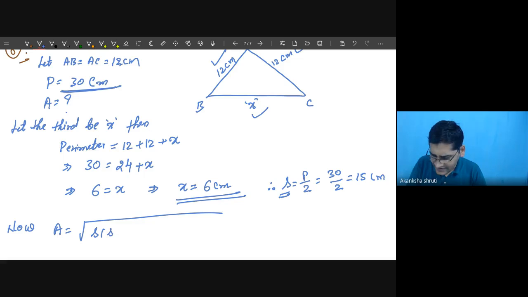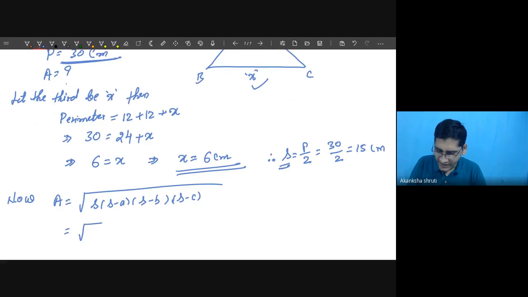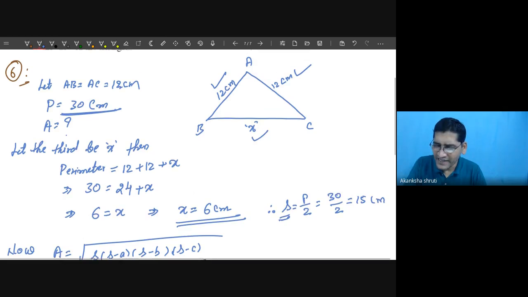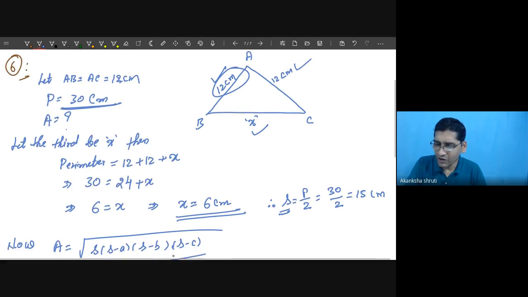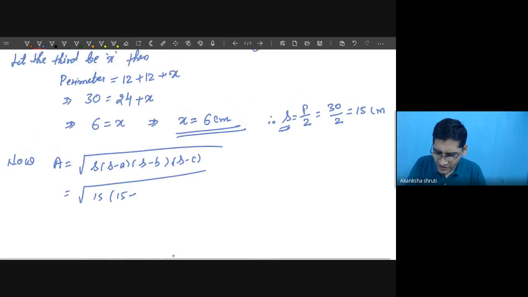So by knowing this S and each of the side lengths, the area can be calculated by taking S into S minus A, S minus B, and S minus C. So go for substitution. The semi-perimeter 15 minus A and B. You may take A as 12, B also as 12. So these two are equal, so 15 minus 12 also.